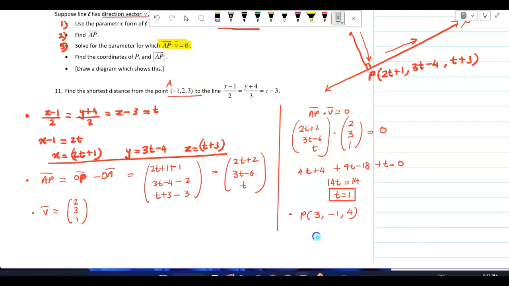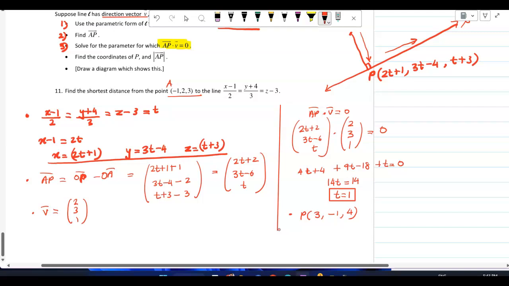OP means you do P's coordinates minus O's coordinates, which will give you that same thing basically. It's P minus O: 3 minus 0, minus 1 minus 0, 4 minus 0. Always you do final minus initial.